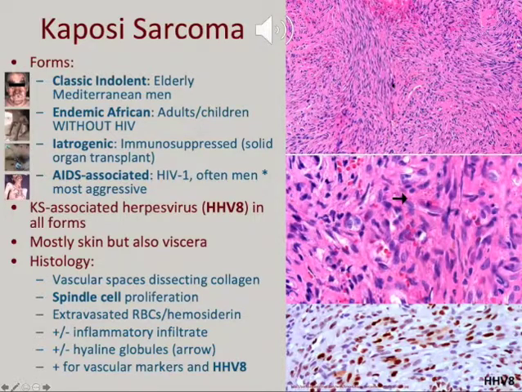They are spindled, elongated, extravasated red cells with little eosinophilic hyaline globules. They happen in these Mediterranean dudes, right? They can happen in African patients. They can happen after solid organ transplant if these patients are immunosuppressed. But of course, they can happen in the context of AIDS and are an AIDS-defining illness, right? Otherwise, the morphology is all the same.